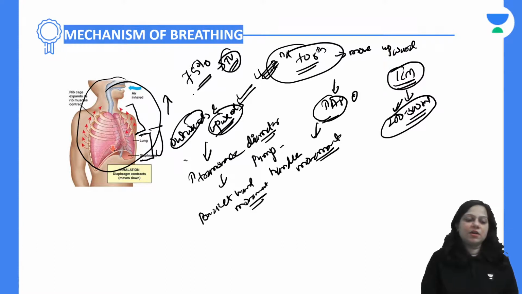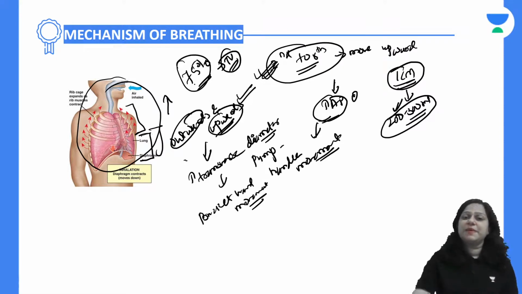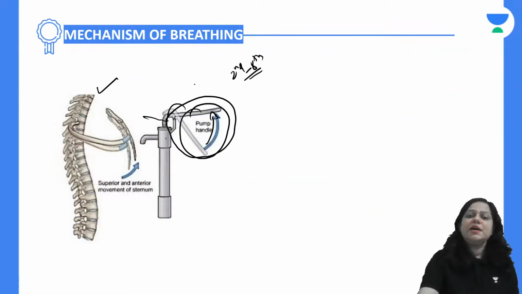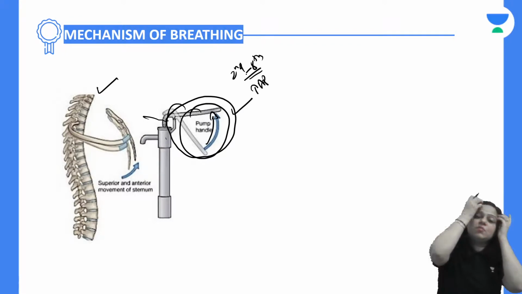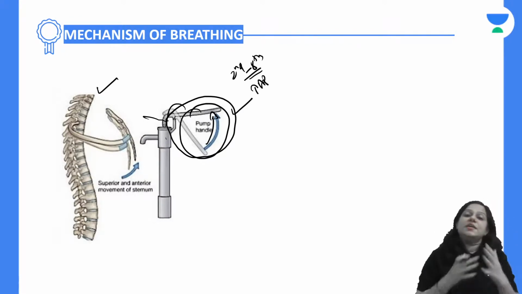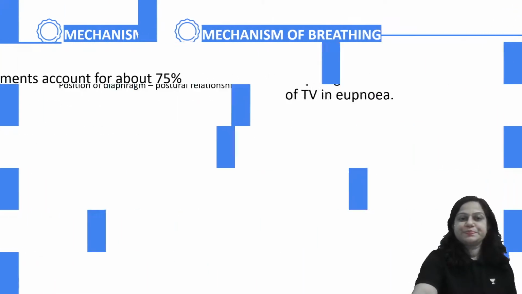During quiet breathing, 75% of the tidal volume enters simply by the movement of the diaphragm. Pump handle movement is responsible for increase in the anteroposterior diameter, and bucket handle movement is responsible for increase in the transverse diameter.